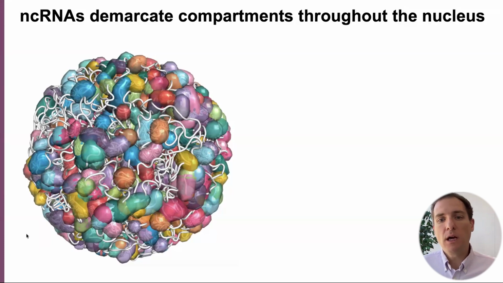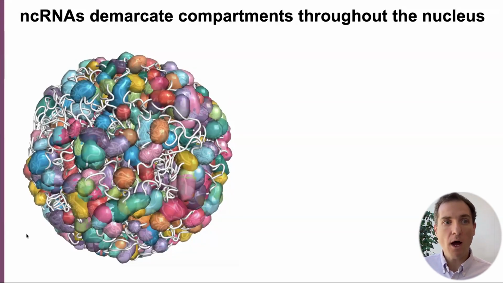And so to explore what role RNA can actually play in organizing these different compartments, we started to look at what role these RNAs might play in recruitment of different regulatory proteins. And I won't go into all the different examples and details.